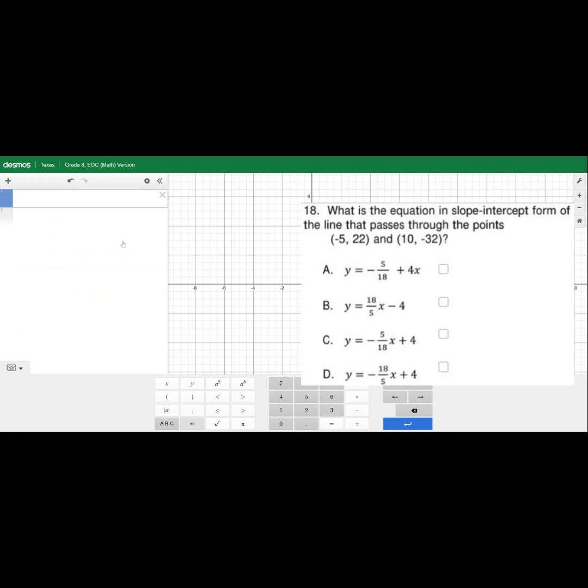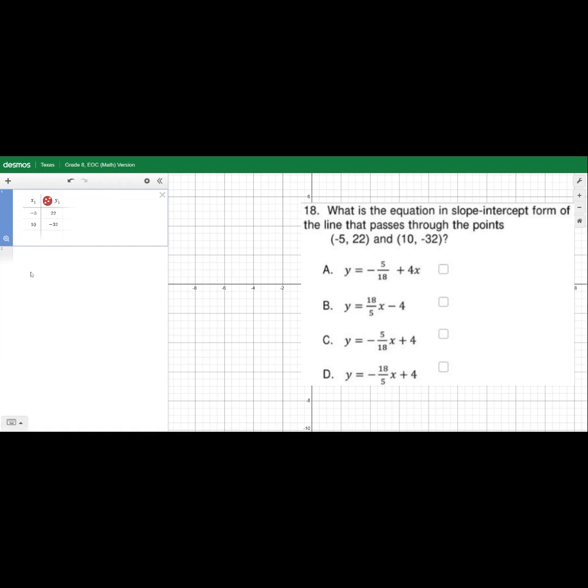The same thing I'm going to do is create a table to input those numbers: -5, 22, 10, and -32. Make sure you're inputting the right coordinates.